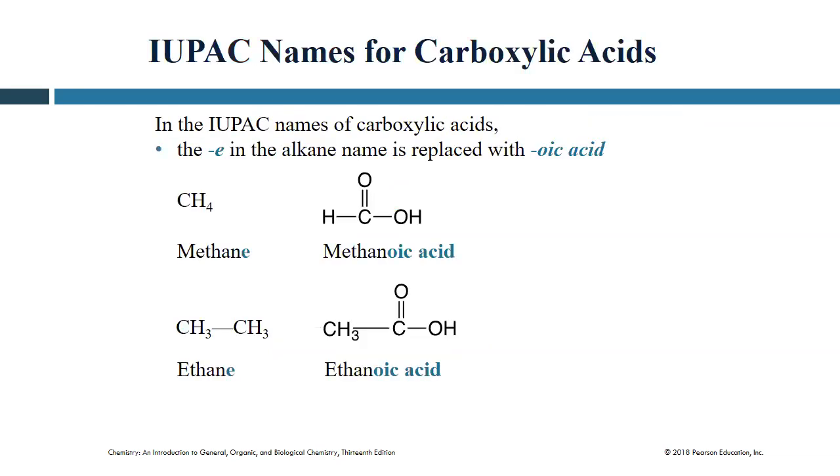Now, as far as the IUPAC is concerned, all that we do for the IUPAC system is we change that E at the end of the alkane to oic acid. So a 1 carbon methane would become methanoic acid. A 2 carbon ethane would become ethanoic acid. 3 carbon propane, propanoic acid.